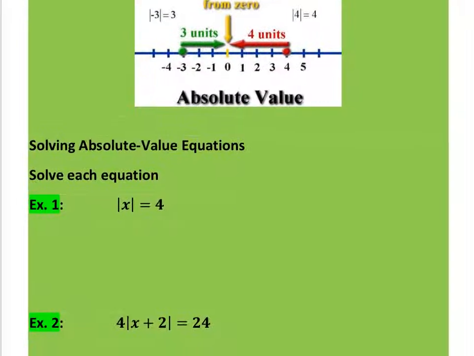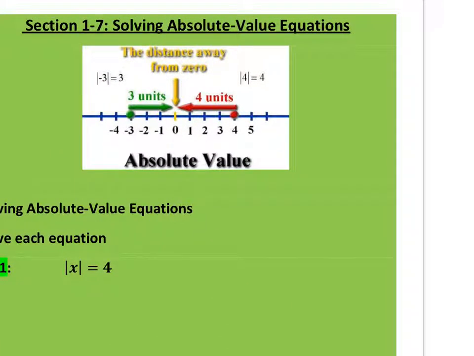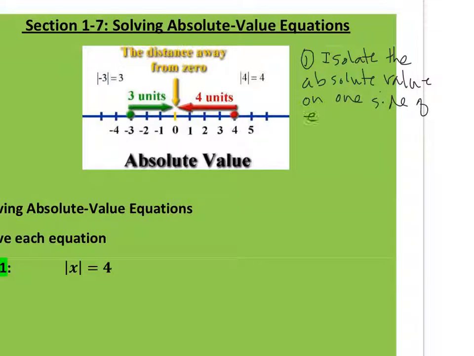So how do we solve an absolute value problem? Well, there are, and I'm going to put it over here to the side, 3 things that you need to do. Thing number 1, you must isolate the absolute value on one side of the equation.